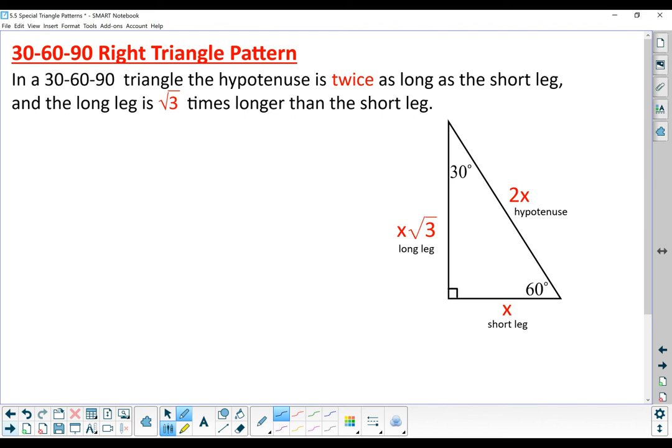The long leg is the square root of 3 times as long as the short leg. If you're working backwards, you just divide instead. So if I had the short leg, I would multiply by 2 to get the hypotenuse. If I have the hypotenuse, I would divide by 2 to get the short leg. If I have the short leg, I multiply by root 3 to get the long leg. If I'm working backwards, I would divide by root 3.